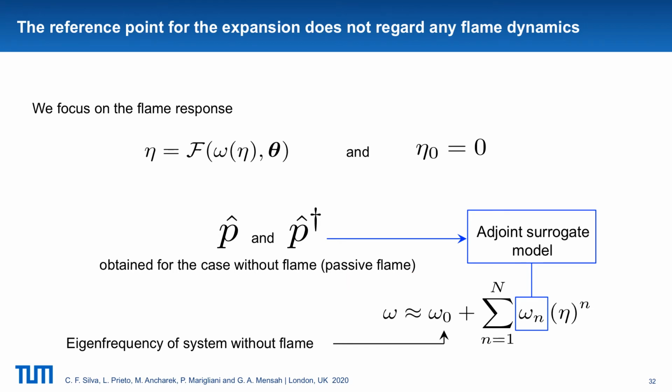Now if we take this into consideration, we see that omega is just the sum of the nominal eigenfrequencies, so the eigenfrequencies of the system without any flame activity, plus the corresponding terms due to the influence of the active flame.